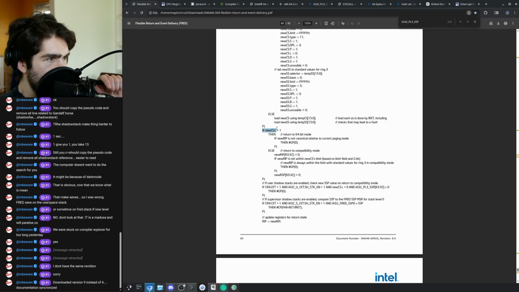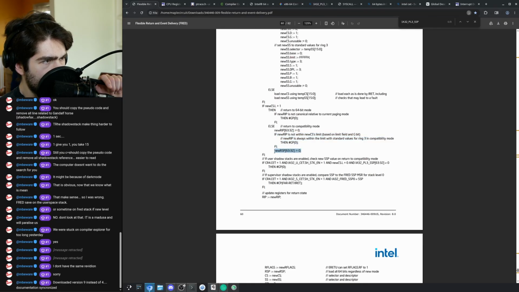All right. If new CSL equals 1, so if we are in long mode, then return to 64-bit mode. If new RIP is not canonical to the current paging mode, then whatever is written there is invalid, so fault. Else, return to compatibility mode. If what's written is invalid, fault.